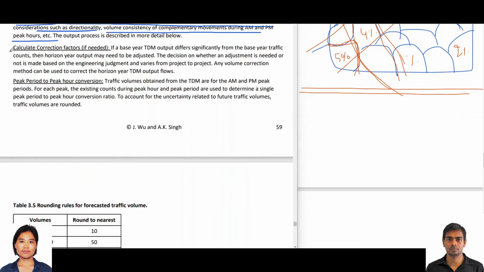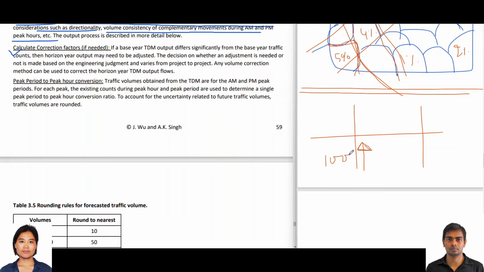So the first process we use is to calculate the correction factor if needed. So let's say I'm looking at an area where, in existing conditions, the travel demand model forecasted a volume of 1000. However, in practice, we know the volume was 500.